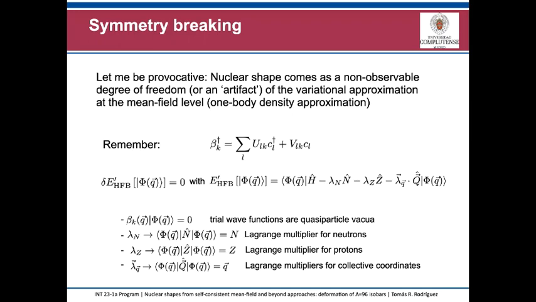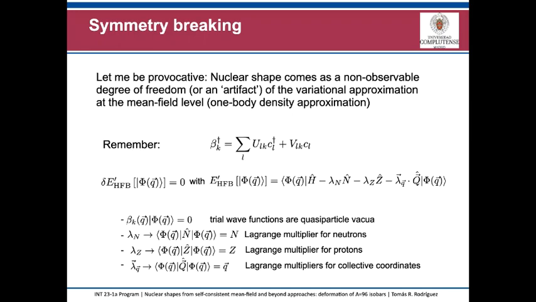So we already talked about one symmetry breaking: the particle number symmetry breaking, because we are mixing particles and the creation and annihilation of particles there. But also by imposing some shapes in the system, we are breaking other symmetries of the Hamiltonian.